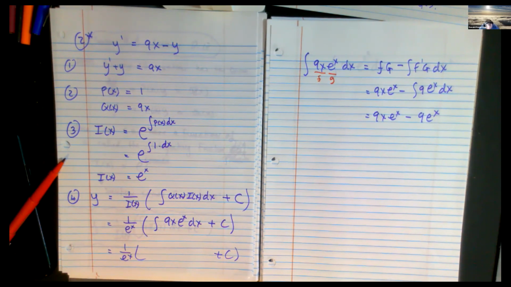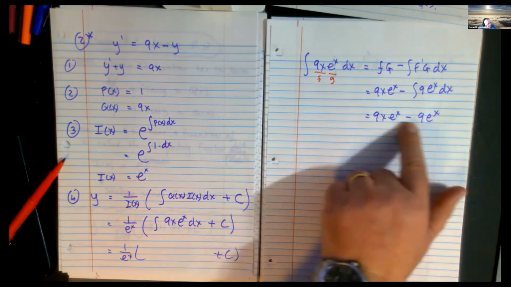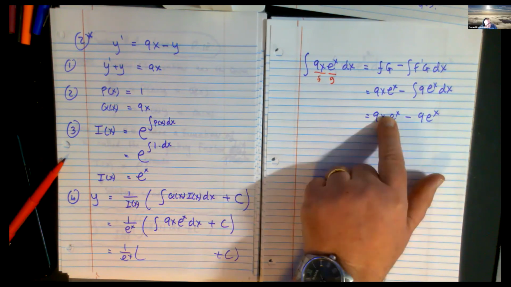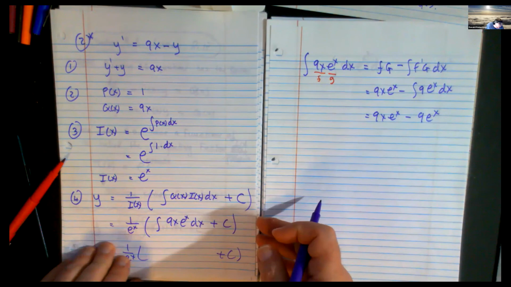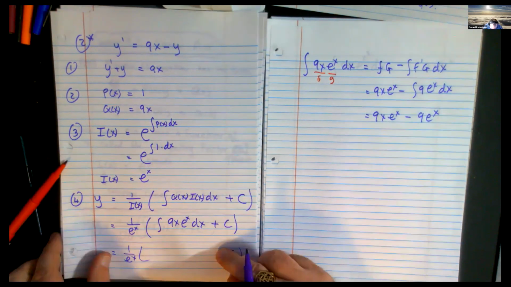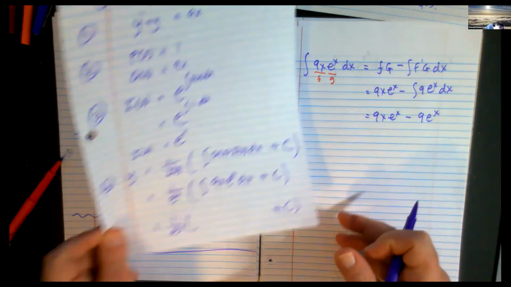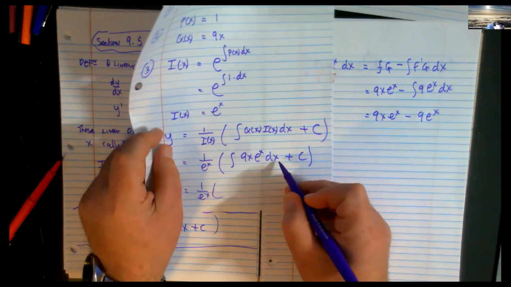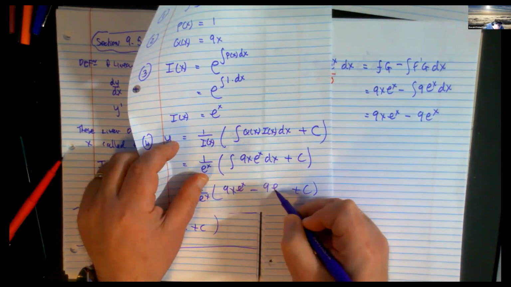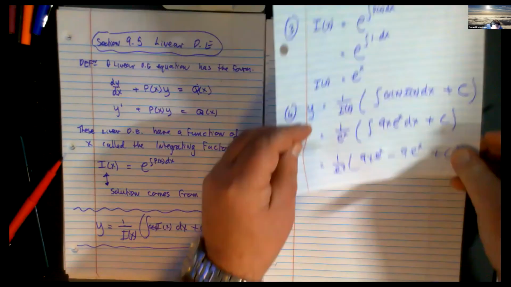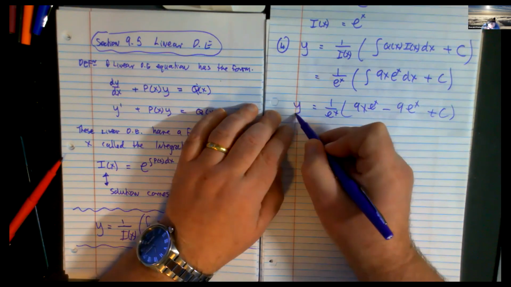Are we cool with where this came from? Right. Now, this fits in here. So this integral is 9x e to the x, take away 9 e to the x. And now we are looking at our solution, our general solution, which is fine.